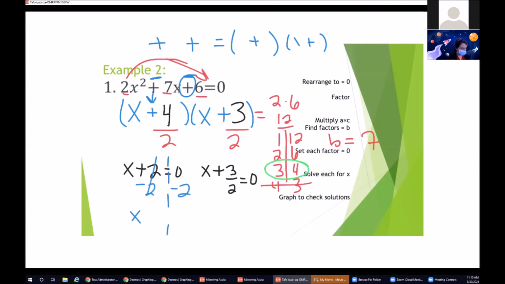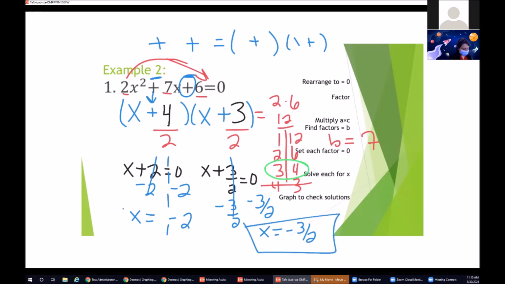So x equals -2. And then this second one, x plus 3 over 2. What do we do to move it to the other side? Opposite of plus. Subtract. So our answer is x equals -3 over 2. And those are our 2 answers.